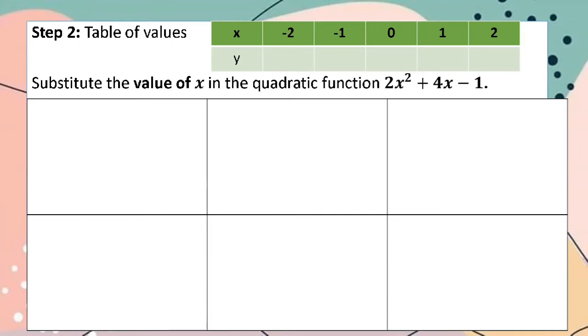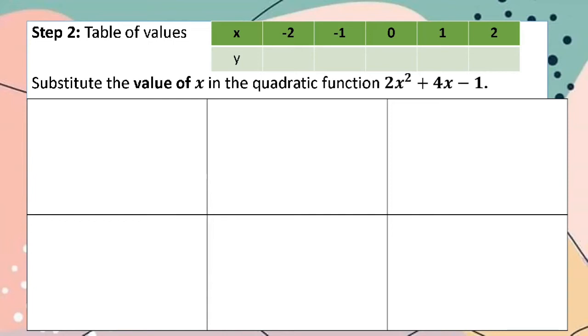So, since meron tayong value ng x and wala tayong value ng y, we need to identify the value of y. So, paano natin masosolve yung value ng y? So, here, we are going to substitute the value of x in the quadratic function 2x squared plus 4x minus 1. So, sa original equation natin. O, diba?